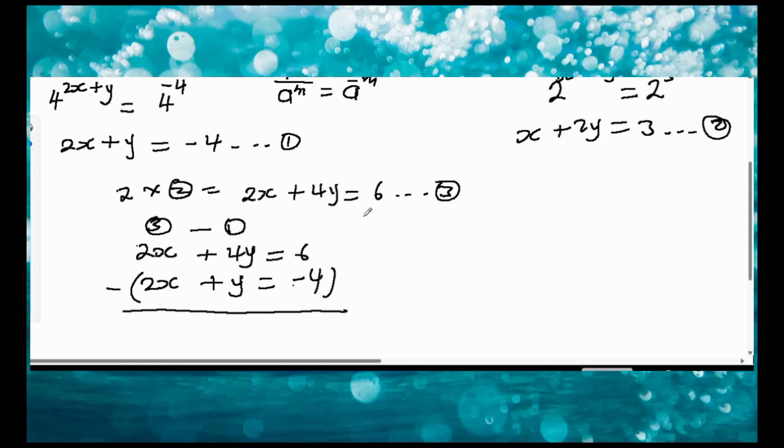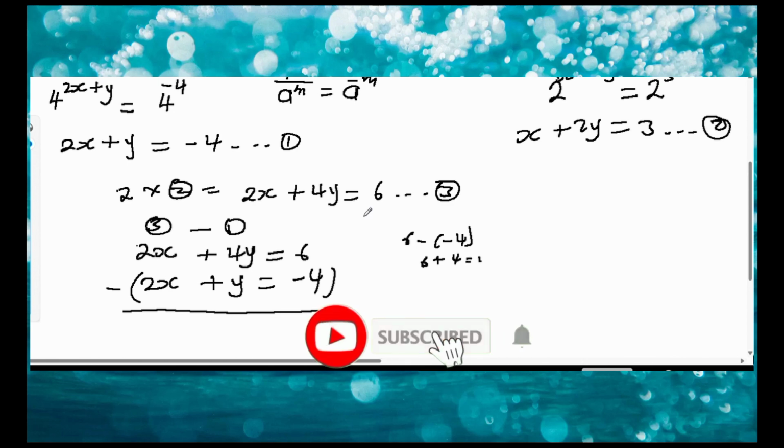In doing so, 6 minus negative 4, negative becomes positive, so it is going to be 6 plus 4, and that's going to give us 10. So 6 minus negative 4 is going to give us 10, equal to 4y minus y, which is going to give us 3y. 2x minus 2x is going to give us 0.